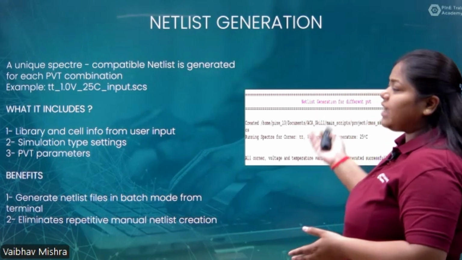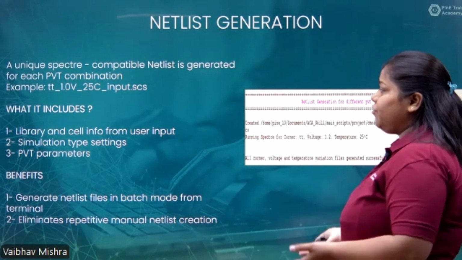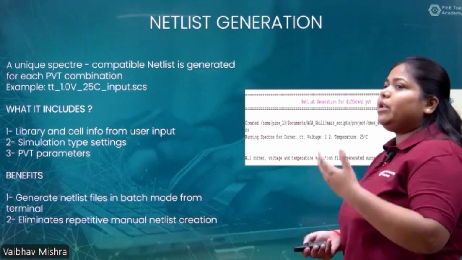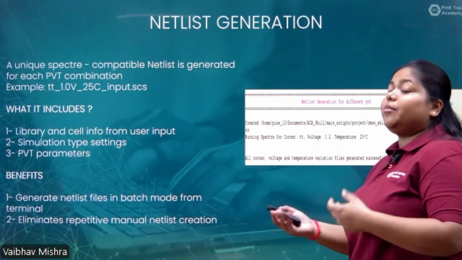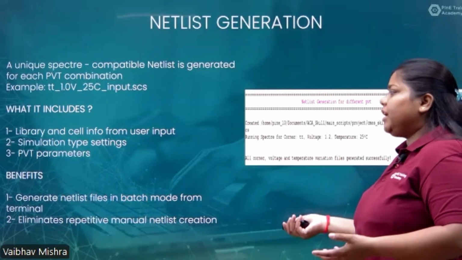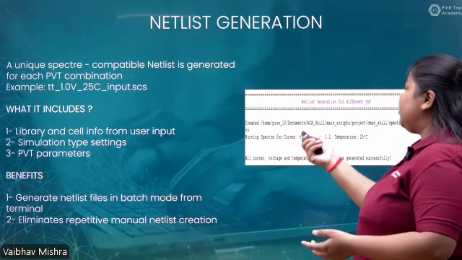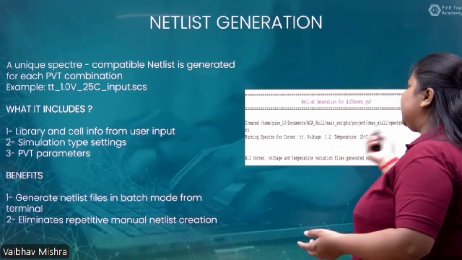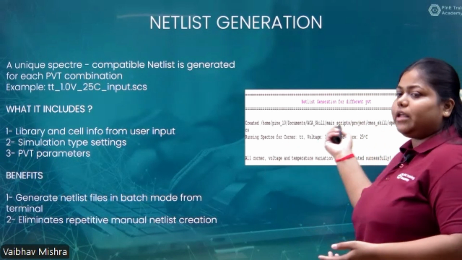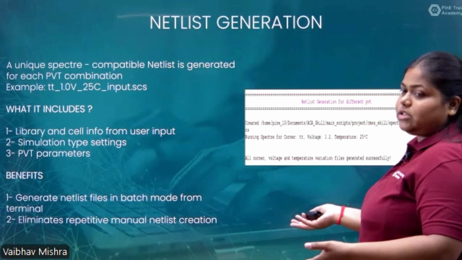What exactly will this netlist file include? It will include the library and cell info that the user entered in the template file, the simulation type, and the PVT, that is, the process, voltages and temperature they have entered. One more thing is that the path of the netlist that is formed will be displayed on the terminal itself, so the user can simply copy this path, move to the file and see what exactly the netlist contains.